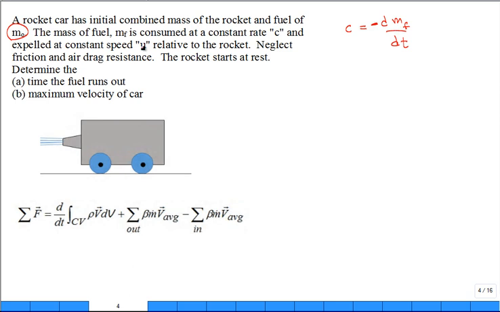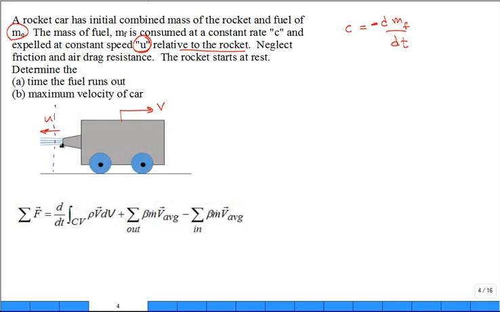All right, and it's expelled at a constant speed u, which is relative to the car or the rocket. So if the car is stationary, then this is going out at u, right? But if the car is moving at speed v, what is the speed crossing a stationary plane?